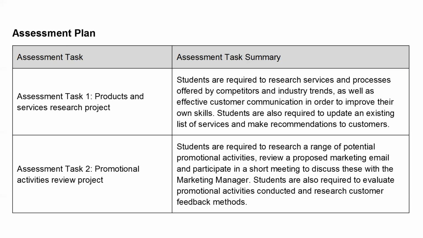We have 3 tasks for that one. Students are required to research services and products offered by the company and industry trends. That means you also have to research competitors' products and services, and the industry trends, everything.